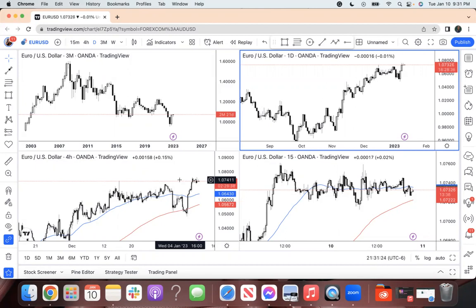You can start up a trial for TradingView. It is what most traders use to analyze the charts. So if you are brand new, this is software that you will need access to in order to make your trading decisions.